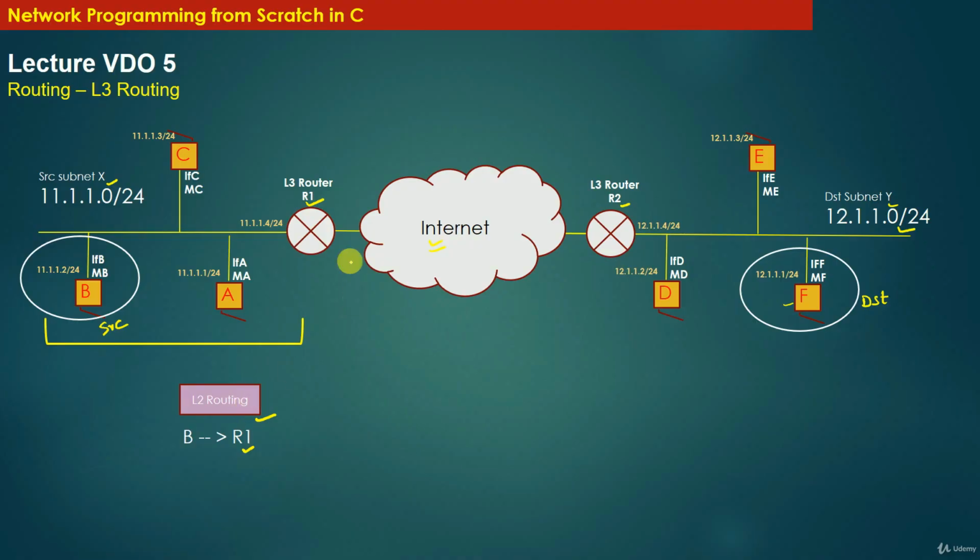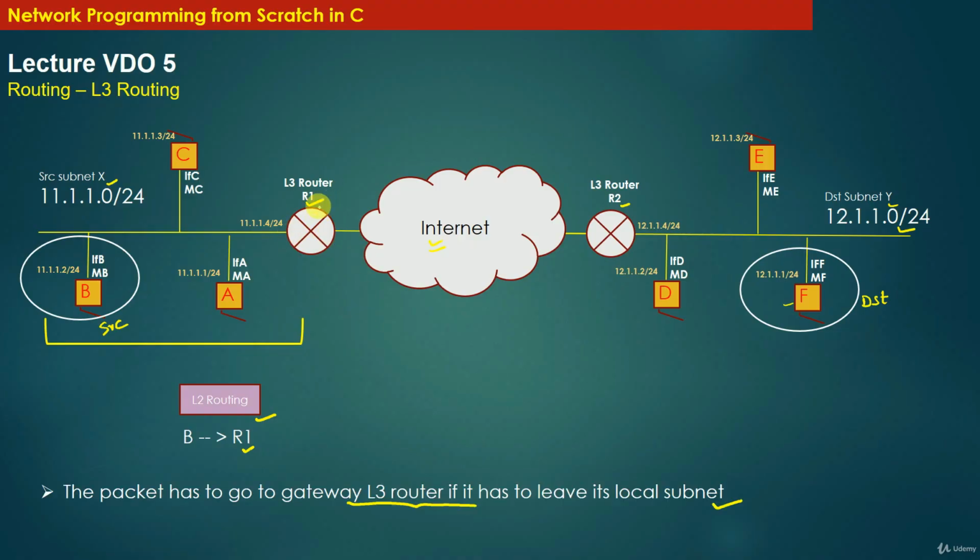Now once the packet reaches L3 router R1, R1 has the responsibility to send the data to the next layer 3 router in the network based on its layer 3 routing information. From here onward, the journey of the packet is done using layer 3 routing.